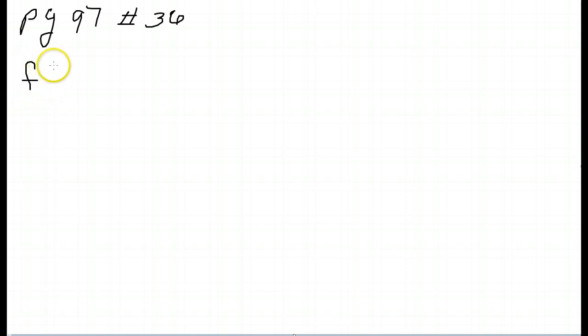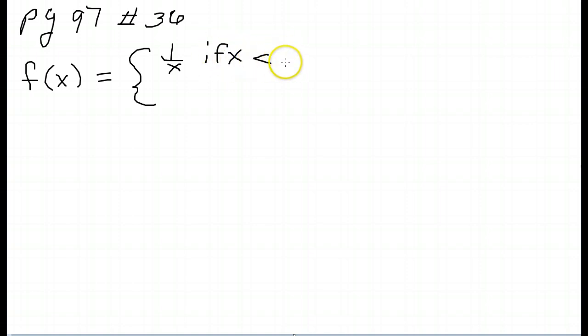And this piecewise function, f of x equals, we have 1 over x, which is the reciprocal function, if x is less than 0, and we have the cube root of x if x is greater than or equal to 0.